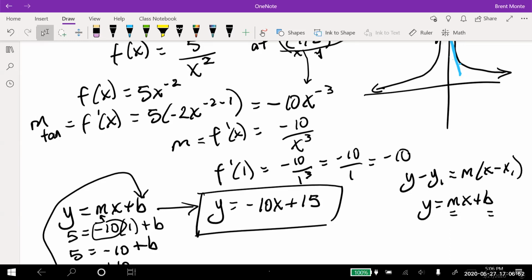Since this is recorded, I don't need to go through a lot of examples, and so I'm not going to. I gave you one example of what to do to find when the tangent line is horizontal, which just means the derivative is equal to 0. And we did an example of finding the equation of a tangent line.